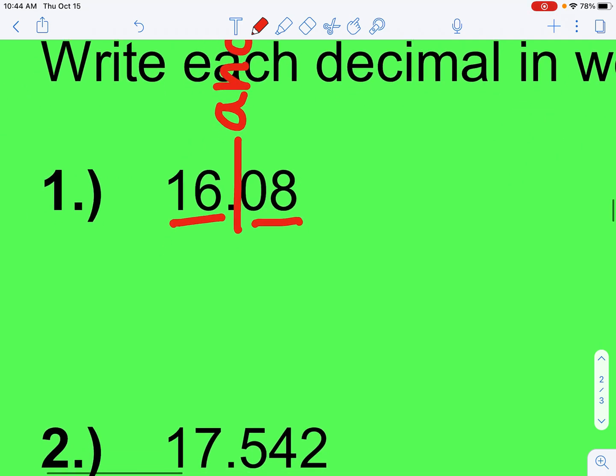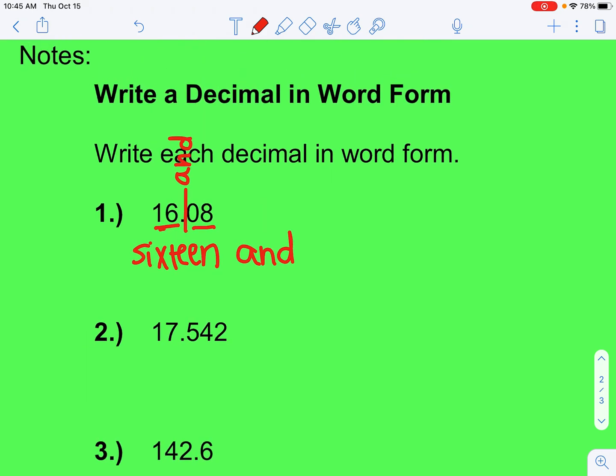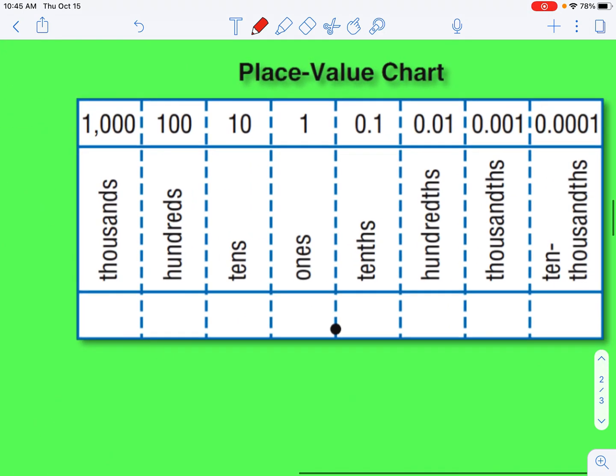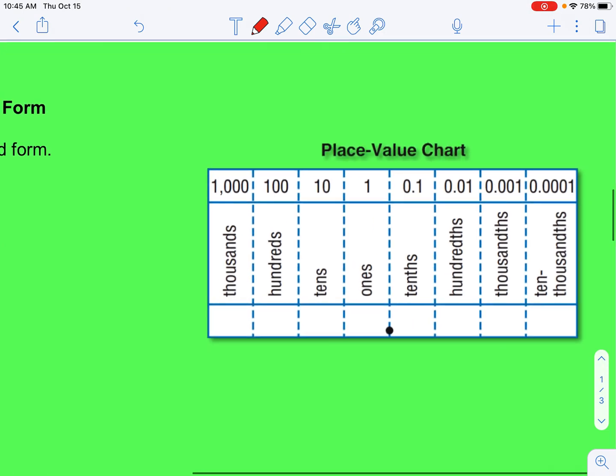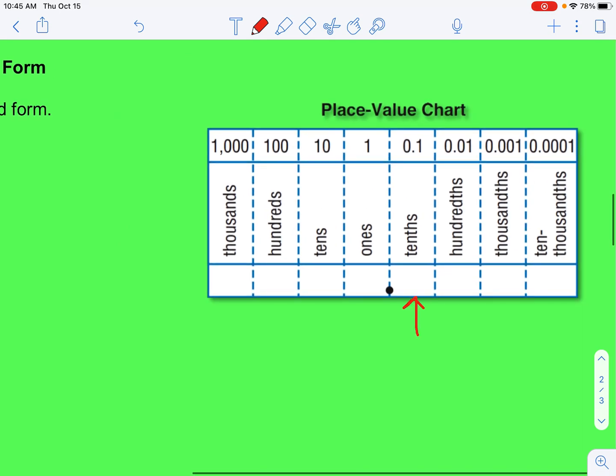Okay, so let's look at our first numbers before the decimal. I have the number 16, so I'm just going to write 16 just like normal. And now I have the decimal, and the decimal means and, so I have 16 and, and now we need to figure out what place value this 8 is in. Is it in the tenths place, the hundredths place, the thousandths place? It is the second number after the decimal.